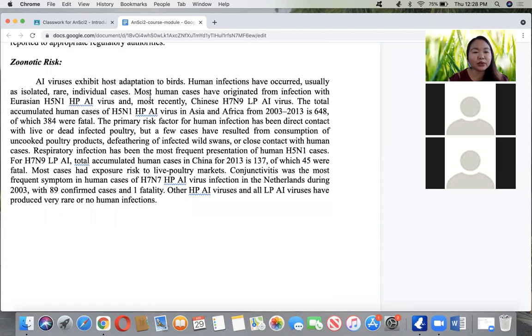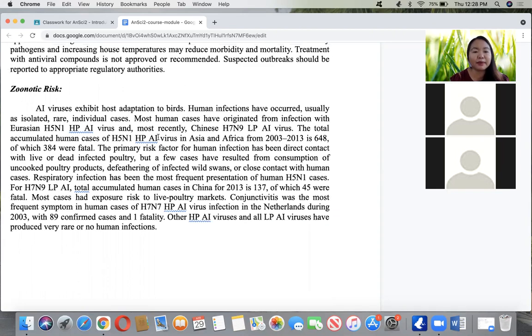And we also have the so-called zoonotic risk. It's viruses exhibit host adaptation to birds. So some become adapted already, no? And human infections have occurred already and usually as isolated, rare, or individual cases. So most human cases have originated from infection with the Euro-Asian H5N1 virus.